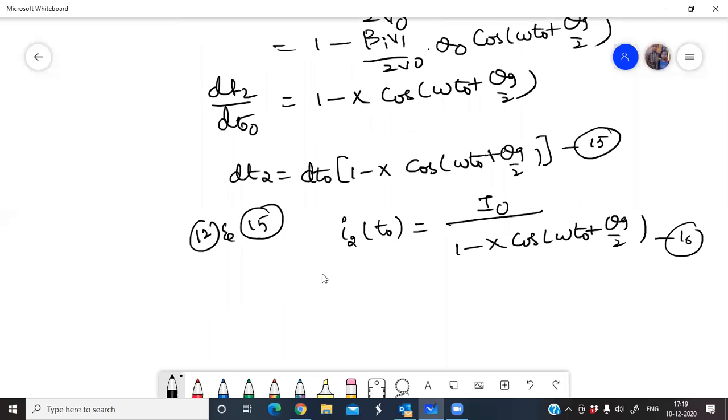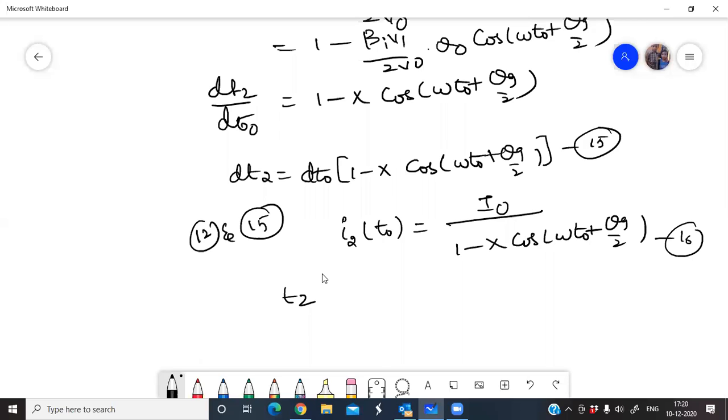Similarly, I want to write in terms of T2. Why T naught and T2? Actually, T2 is the time at the catcher cavity, T naught is the time at the buncher cavity. I don't want to consider within the cavities, only at the buncher cavity and at the catcher cavity. That's why I'm concentrating only on T naught and T2.